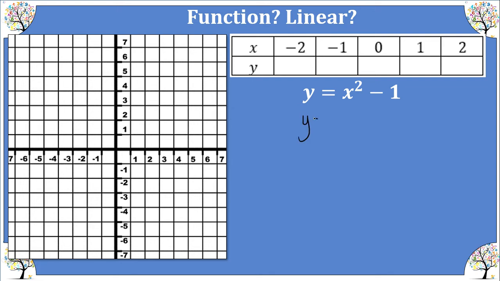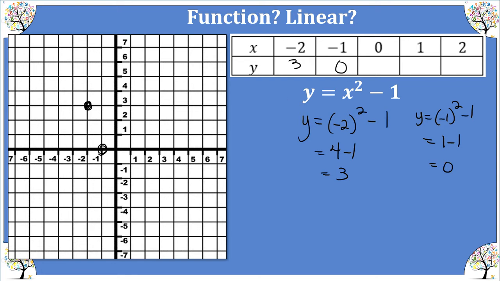So we're going to plug in. We're going to use parentheses when we plug in. We're going to square -2. -2 times -2 gives us 4 minus 1. That gives us 3. So we're going to plot -2, 3. Now let's plug in -1 for x. -1 times -1 is +1. And 1 minus 1 is 0.